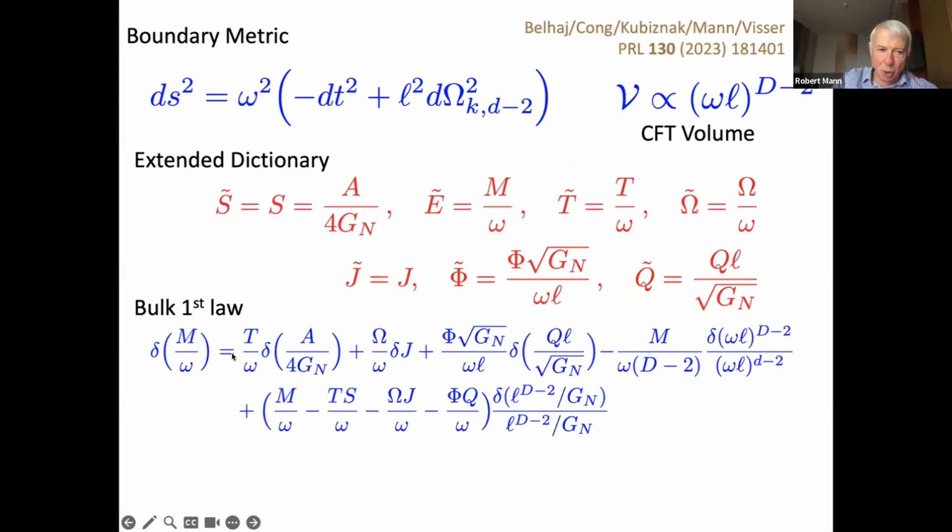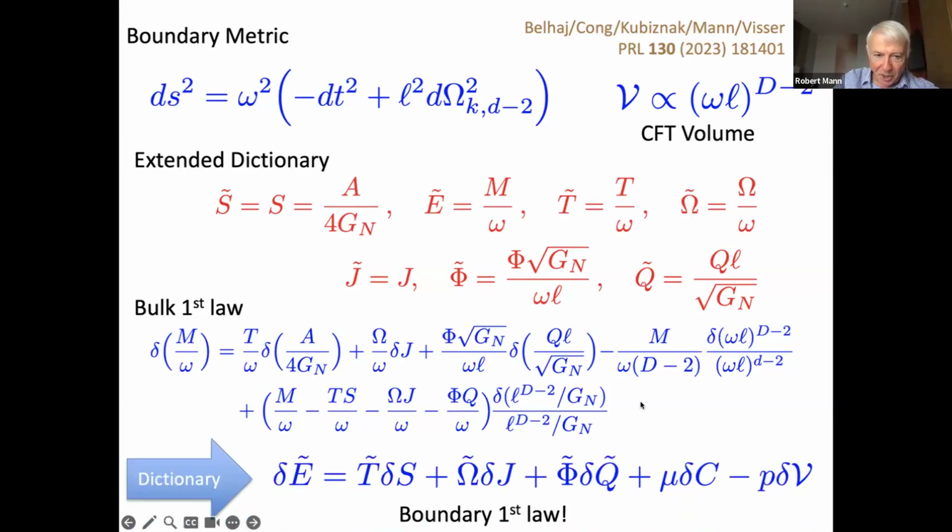So in other words, assuming the bulk first law, the first law of thermodynamics in the bulk, and rewriting things like so, we get this relationship right here. And when you use this holographic dictionary, this gives the boundary first law, which is just the same as the one I showed on the previous slide.